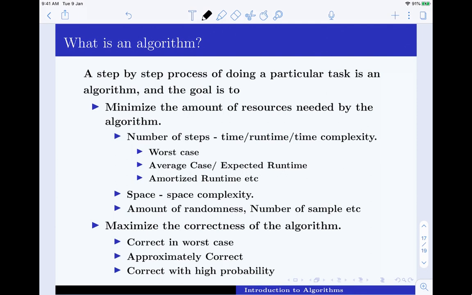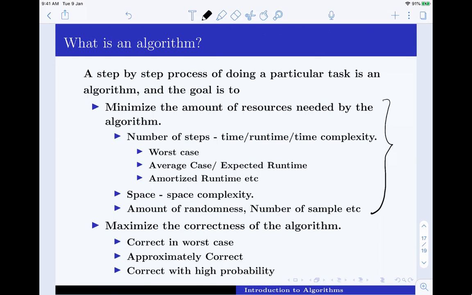So, in other words, to make this definition of algorithm a bit more complete, an algorithm is a step-by-step process of doing a particular task, and it has just 2 goals. The first goal is that the amount of resources required by the algorithm must be minimized.